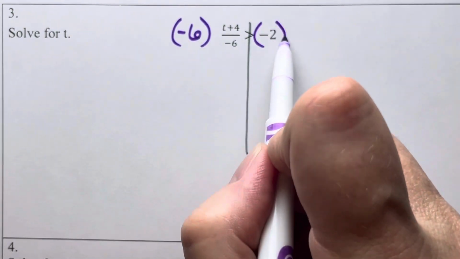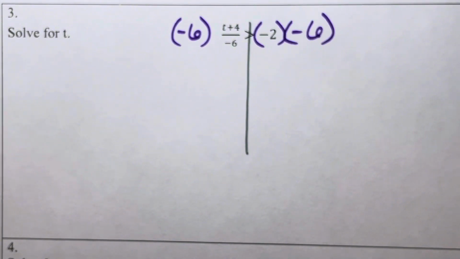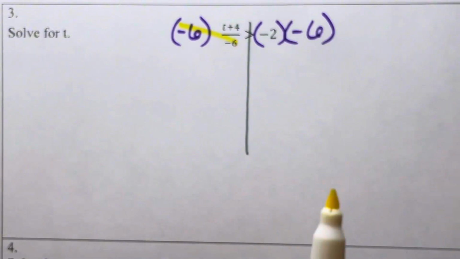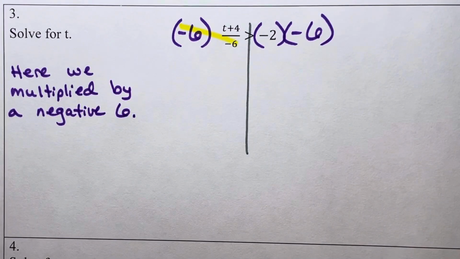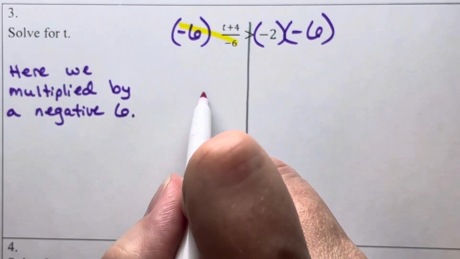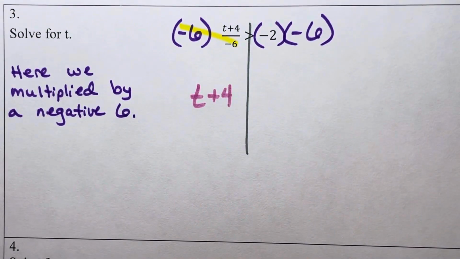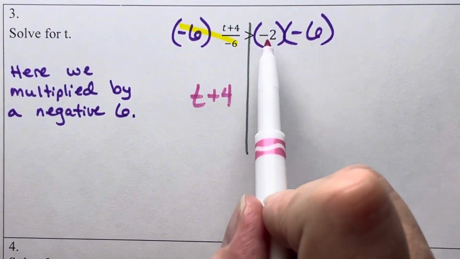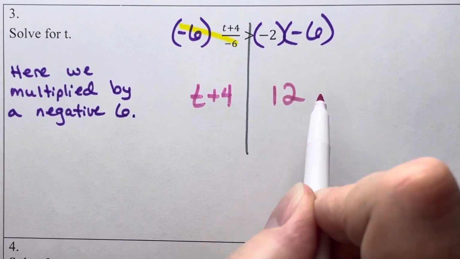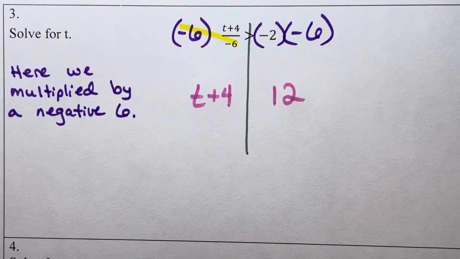And what you do on one side of the river, yes, you definitely have to do to the other. The whole purpose of that was to cause my negative 6's to cancel out. But since we multiplied by a negative 6, we see as a result that my numerator of t plus 4 and its relationship to a positive 12, which is the result of multiplying negative 2 and negative 6, has what symbol in between them now?